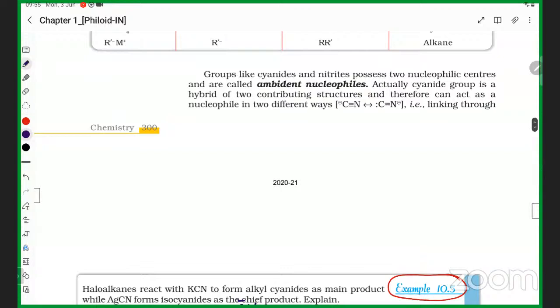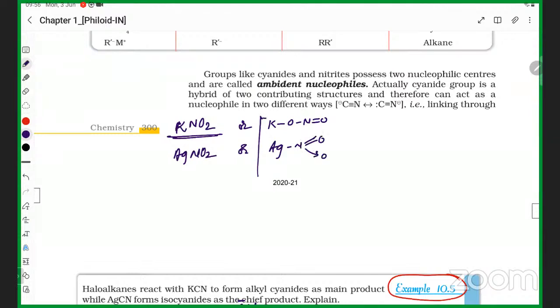If you take KNO2, it appears like that, but actually it is K-O-N double bond O. This is the KNO2. And AgNO2 is similar: you can represent Ag, N double bond O, coordinate bond O. This is the actual structure.